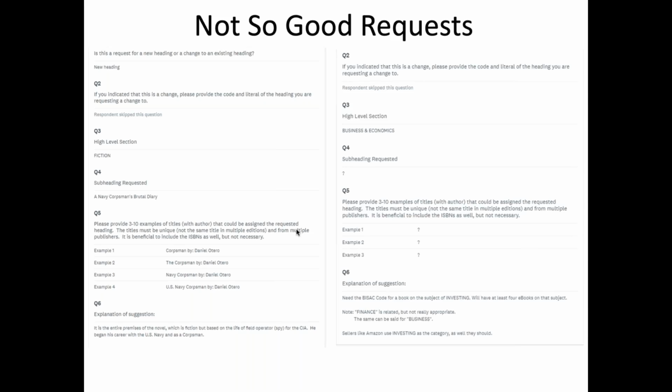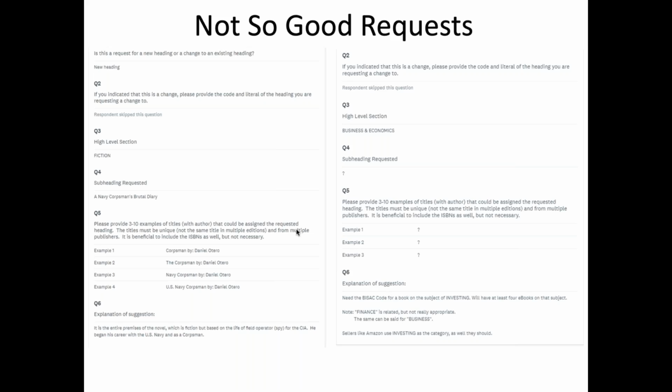Another not so good request is in business and economics. The subheading request and the examples are all question marks. And they say they need a heading for the subject of investing. But we have a tree on investments and securities.